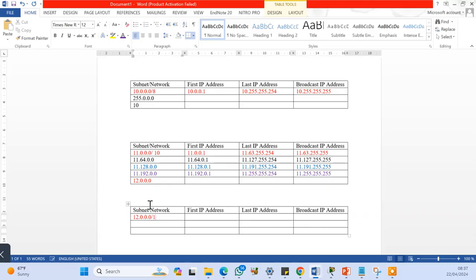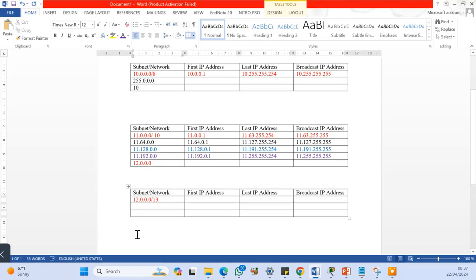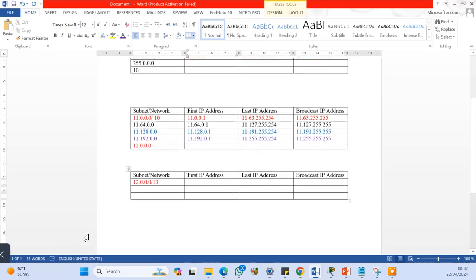If it's slash 13, populate this table, but don't forget the other questions: the number of host bits, number of subnet bits, the number of subnets, the magic number, usable hosts, all that, and then after that, you generate this table. I think that is it. Thank you.